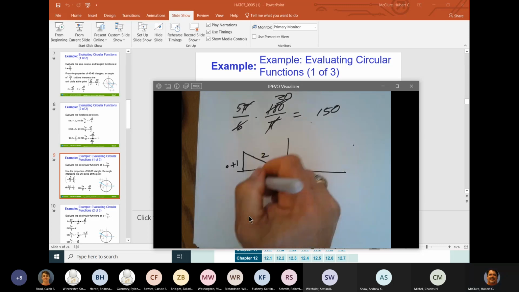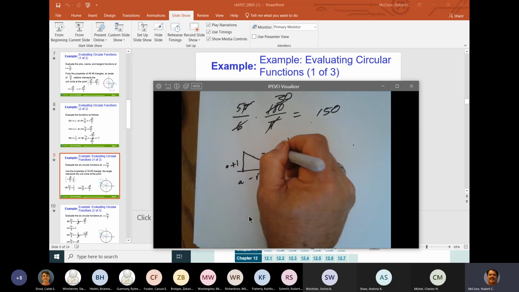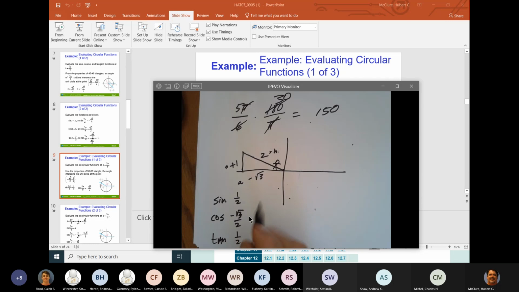Opposite, adjacent, and hypotenuse. Oscar had a hunk of apple. Sine is 1/2. Cosine, a hunk, is negative square root of 3 over 2. Of apple is 1/2, the tangent. Okay? I'm looking to make sure I got my signs right.